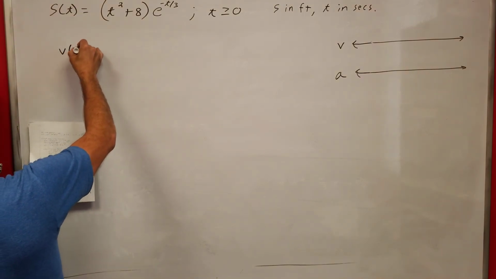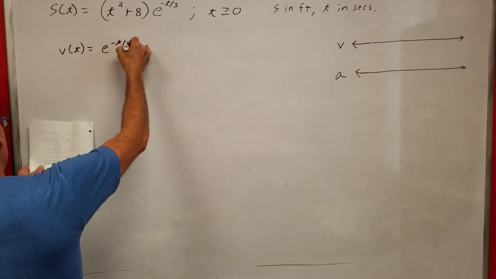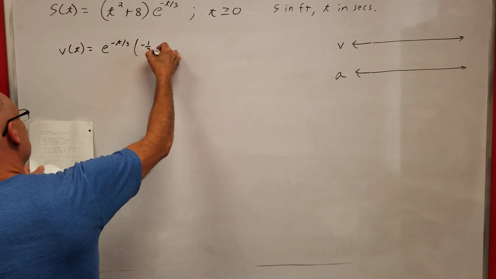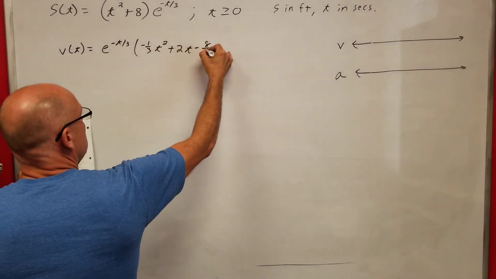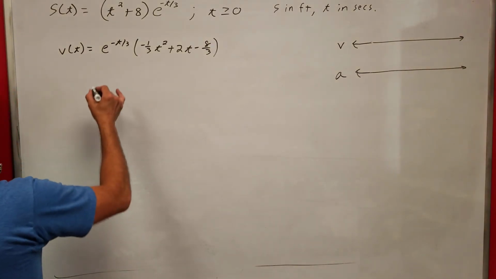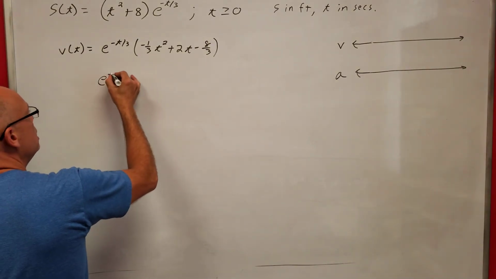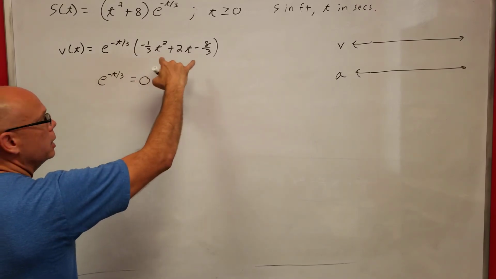It was v of t is equal to e to the negative t over 3 times negative 1/3 t squared plus 2t minus 8/3, and we're going to set it equal to 0 and solve. So e to the negative t over 3, I'm just going to set each factor equal to 0.